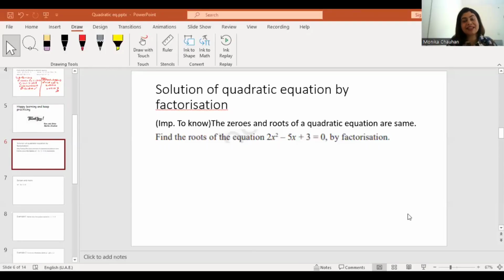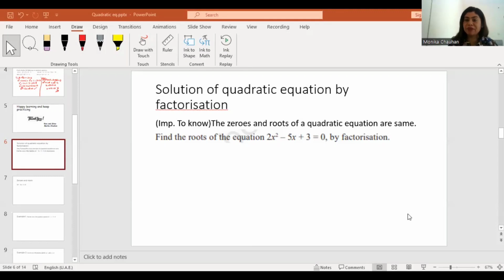So the first thing is how to find the solution of a quadratic equation, and that is by factorization. The first very important part to understand is what are the zeros of the polynomial or the roots. Both are the same. They are not different.